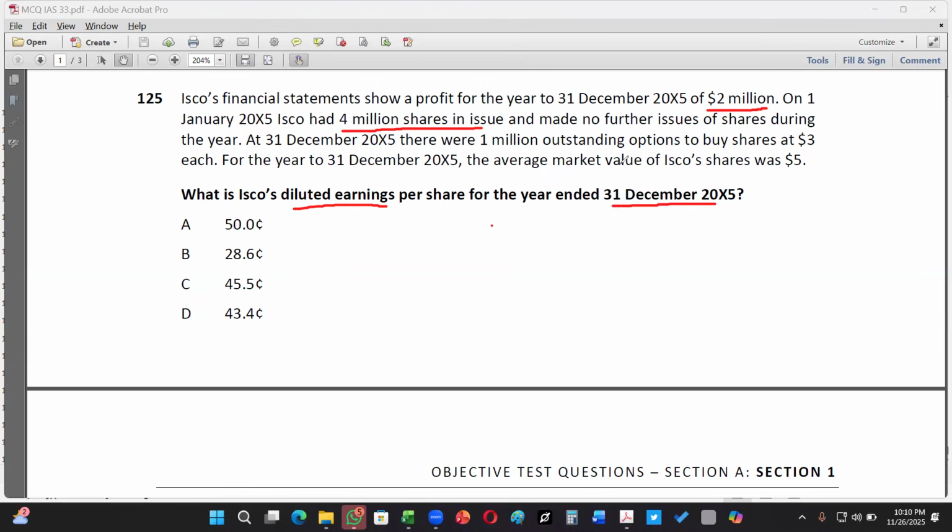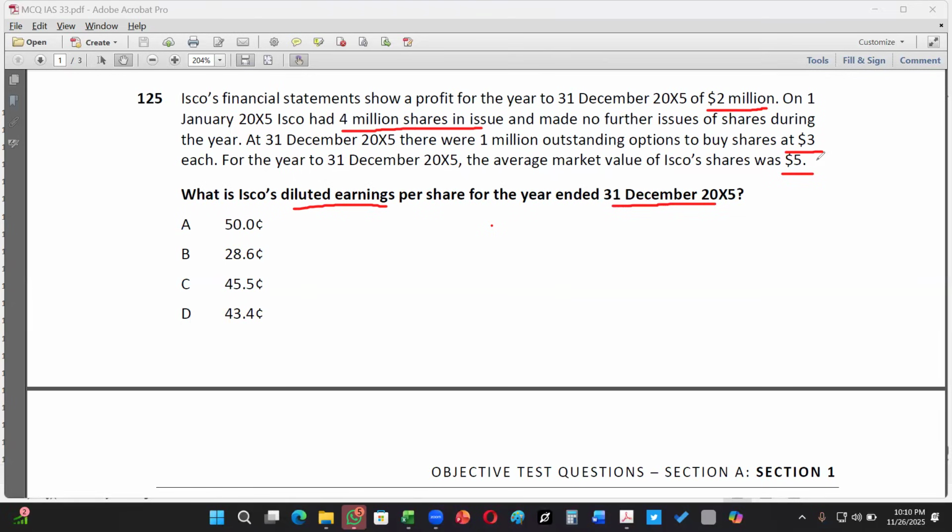they were exercised? So 1 million outstanding options to buy shares at $3 each, and for the year to 31st of December 2025, the average market price of ISCO shares was $5. So the option price for these outstanding options was $3. However, the normal price was $5.